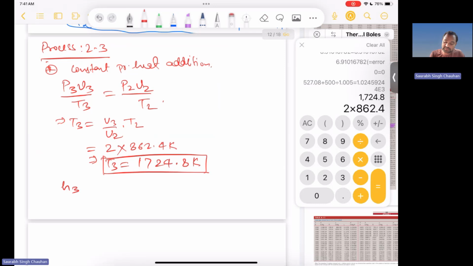Similarly, you can write H3 from the table.